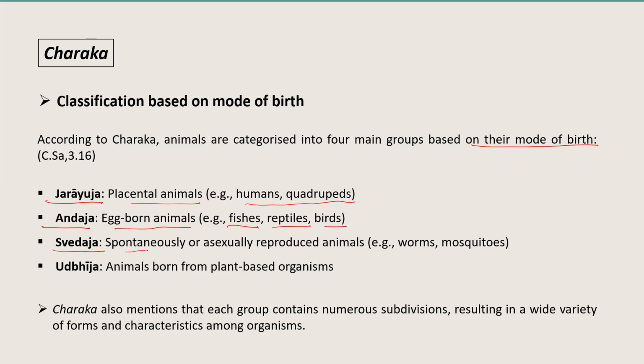Svedaj, spontaneously or asexually reproduced animals, for instance worms and mosquitoes. Udbhij, animals born from plant-based organisms. Charak also mentions that each group contains numerous subdivisions, resulting in a wide variety of forms and characteristics among organisms.